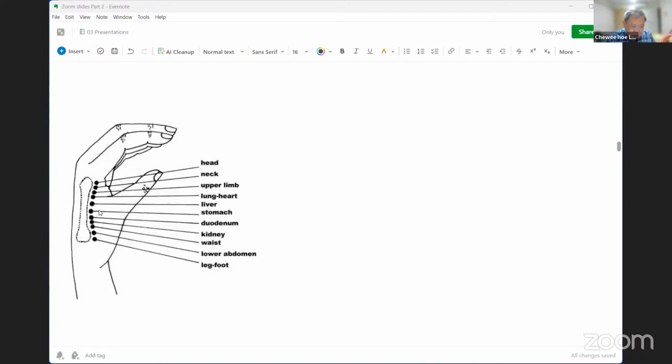Okay. LI4 is around here. LI4 is here. But nowadays, some practitioners have moved LI4 to the bone. This bone itself can treat the entire body. This bone itself, by the side. All right.